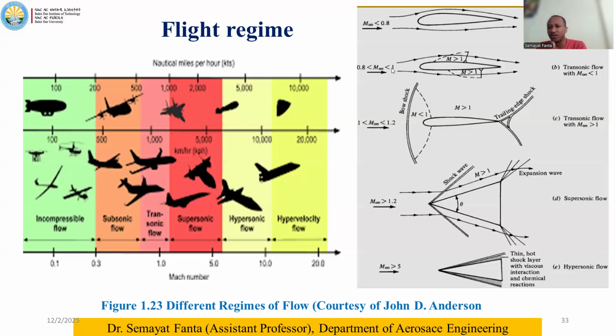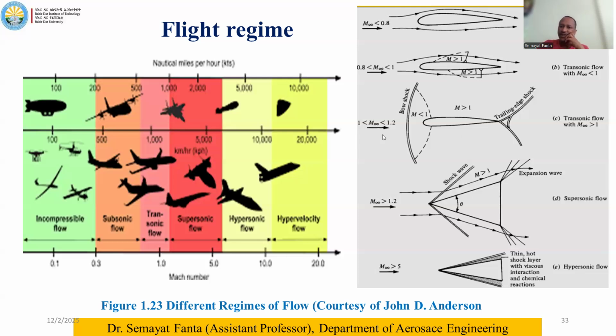From 0.8 to 1, the drag becomes maximum and the flow becomes complex, because there are supersonic and subsonic regions in the front and the back. So flight within this Mach range is not advisable in professional flight conditions.